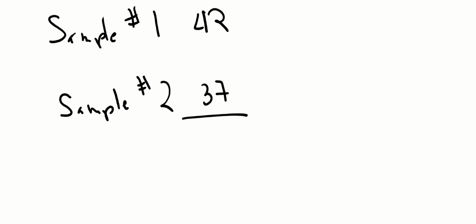If we add these up together, we get 79. They are definitely less than 100. That means that we can't use a normal curve and we don't have to use a t-distribution, right? So that's step number one of our five-step.